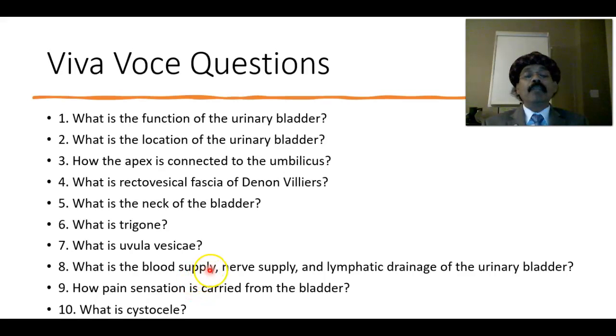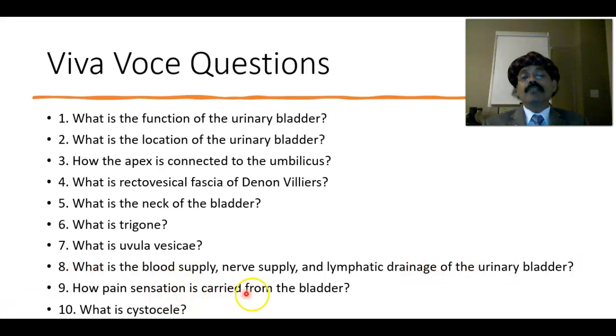Now, the venous drainage is through the vesical venous plexus, ultimately going to the internal iliac vein. Nerve supply: sympathetic from T11, T12, L1, maybe L2. Parasympathetic S2, S3, S4. Lymphatic drainage: mostly external iliac lymph nodes, may go to the internal iliac lymph nodes, may go to the aortic lymph nodes.